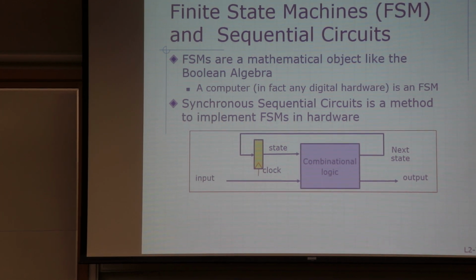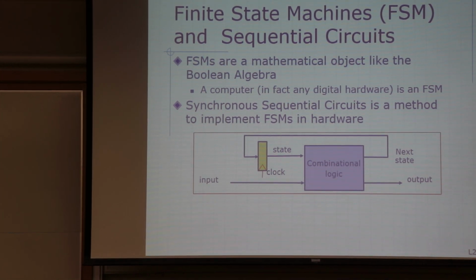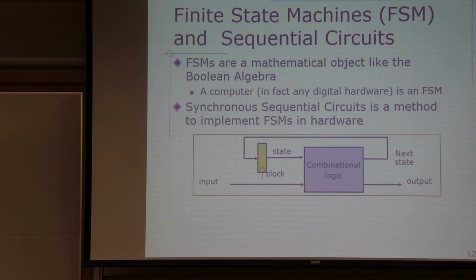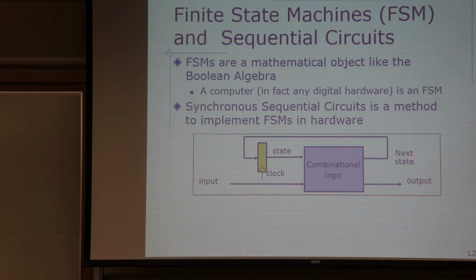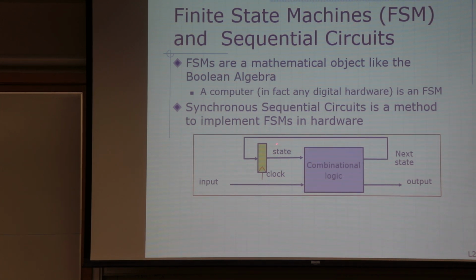When you say, I want to run my GCD at 2 gigahertz, that's the clock we're talking about, how fast you want to run this thing. And that depends on many, many things, totally beyond the topic of this lecture today. But the point is we define combinational logic, which determines both the next state as well as what is to be produced. So you can put inputs and you can take outputs. This is our general notion of a synchronous sequential circuit, that there is a clock at which the state of the machine changes.